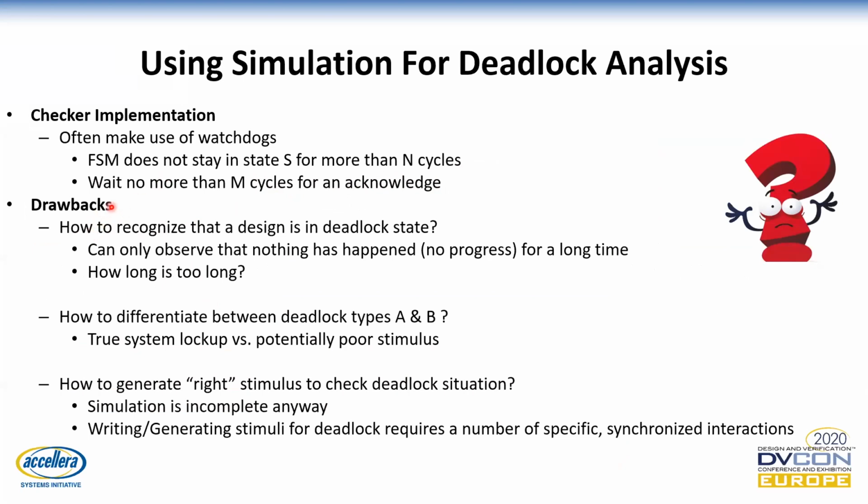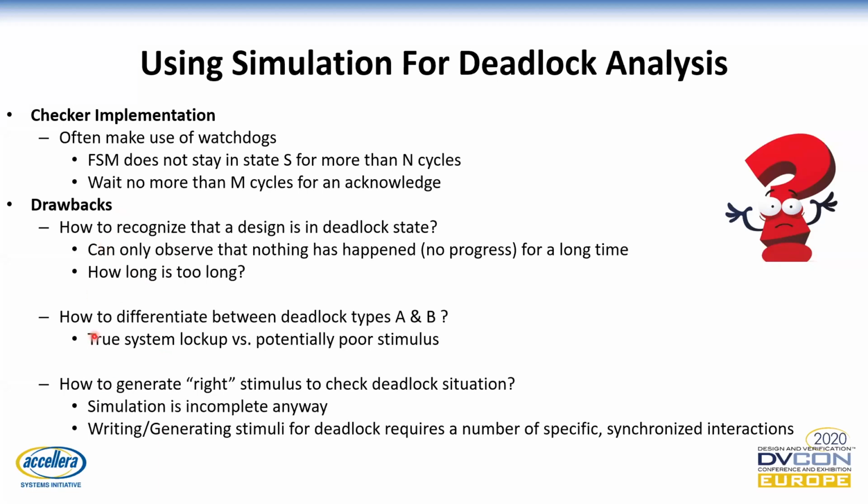As we have seen in the previous presentation, simulation has several weaknesses. I'm listing 3 of them here. First, it is hard to recognize if the design is in a deadlock state. So you don't know how long you have to wait to decide that the deadlock is really happening.